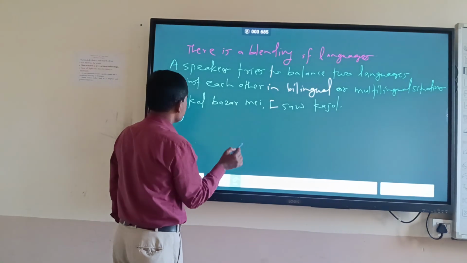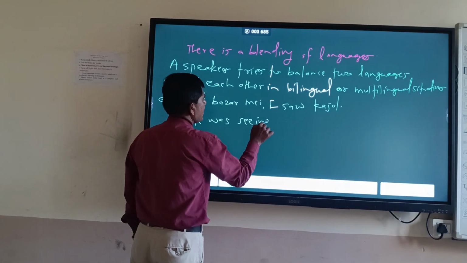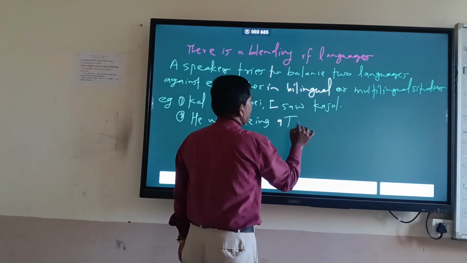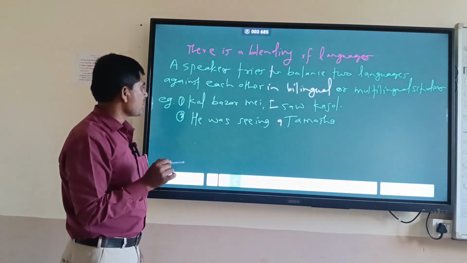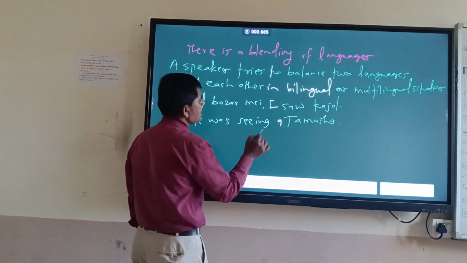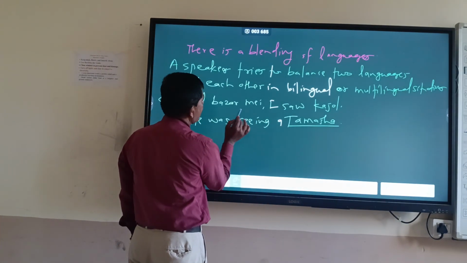Second example, he was seeing a tamasha. So here you know that he was seeing a tamasha. The word tamasha is different. In kal bazaar mein I saw a kajol.